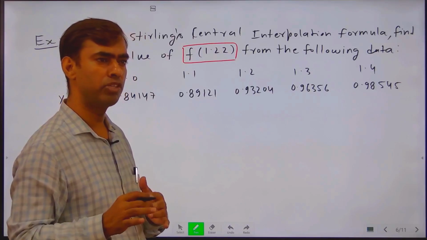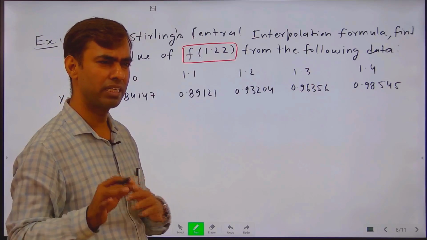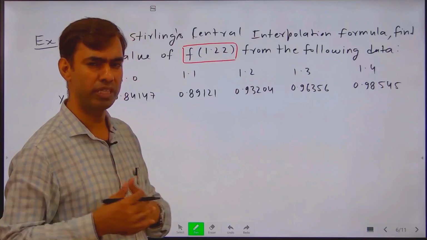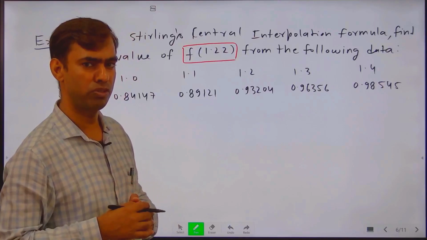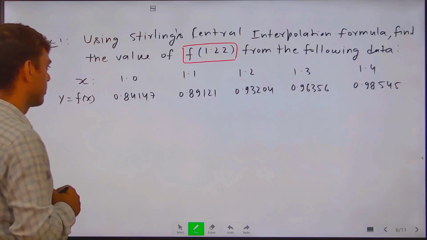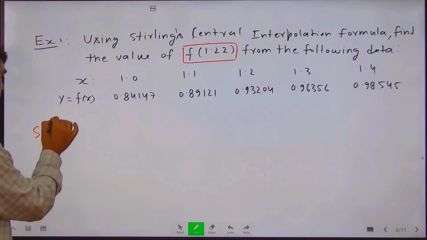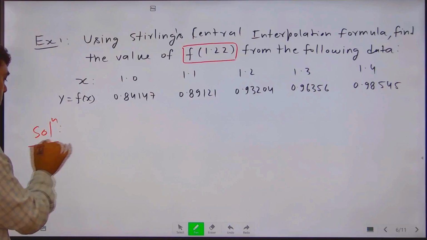Not only able to apply, rather the Stirling formula gives a more accurate result if u lies between minus 1/2 and 1/2. So how do we find the solution? It's a very easy solution.